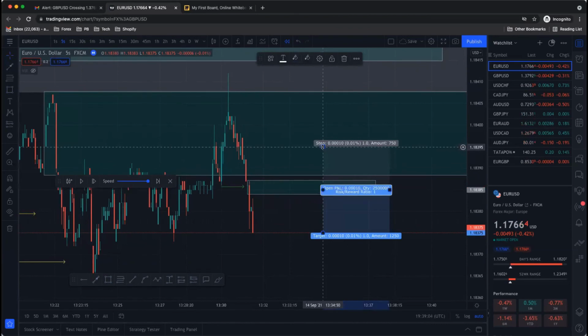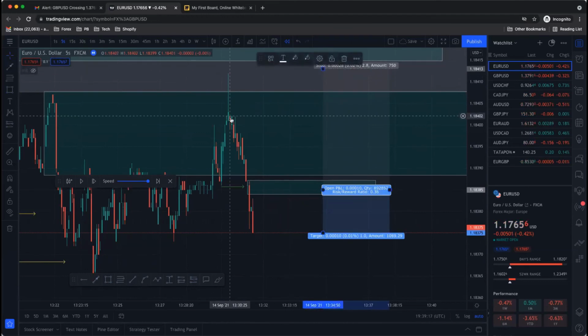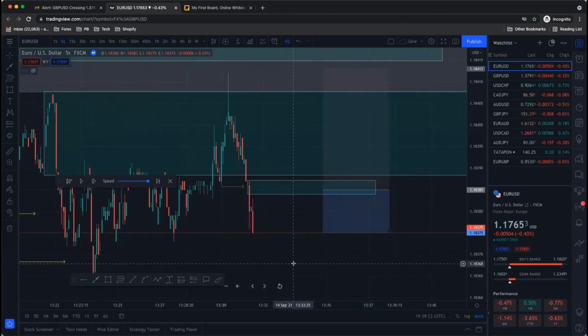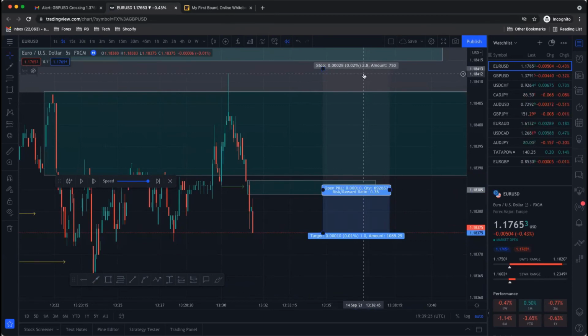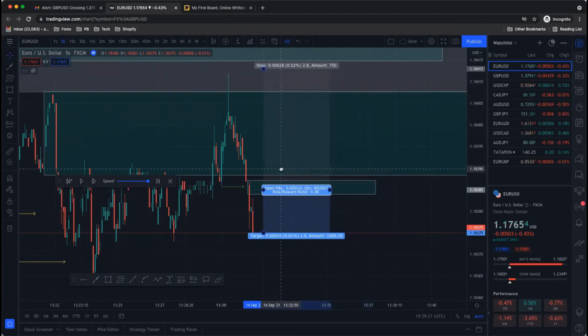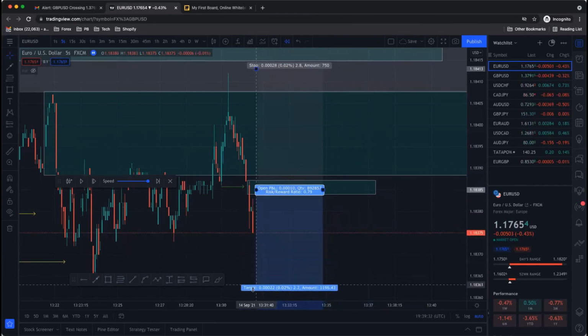You can place the stops above this, which is more conservative. Because this is unmitigated, and this is only one break here, price may come here and then go down. Which is 2.8 pips. So we're going to place the order here and take it to the 4-hour low.